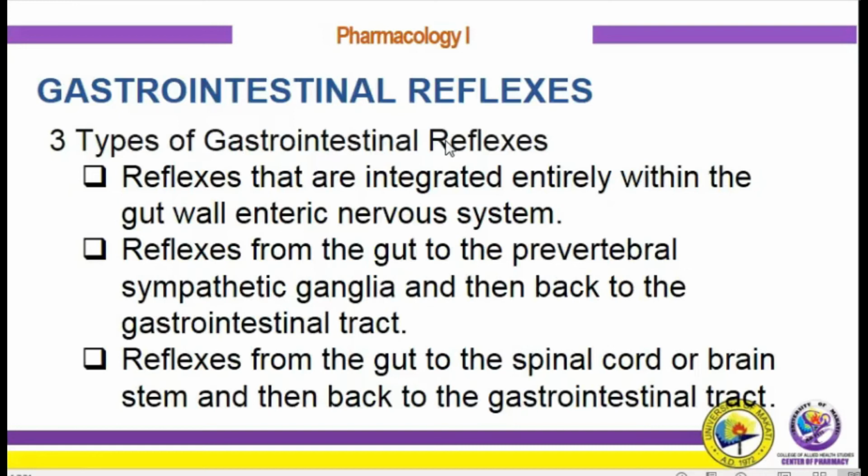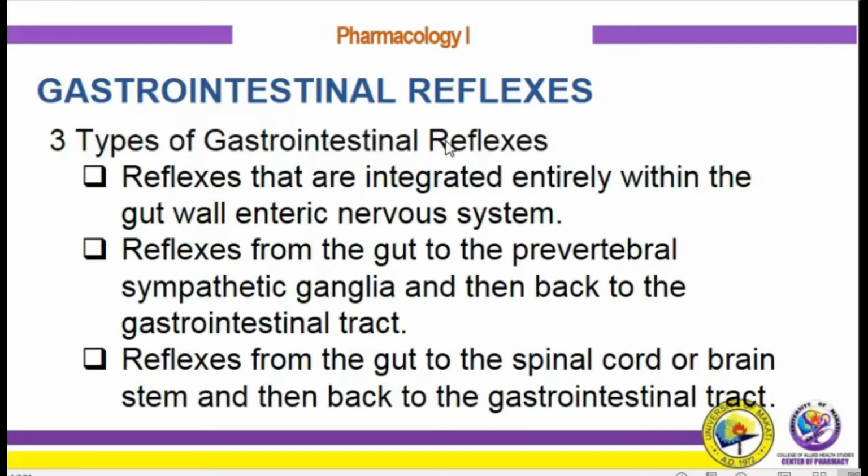The third gastrointestinal reflex is the reflexes from the gut to the spinal cord or brainstem and then back to the gastrointestinal tract. These reflexes include especially the reflexes from the stomach and the duodenum to the brainstem and back to the stomach by way of the vagus nerves to control gastric motor and secretory activity.